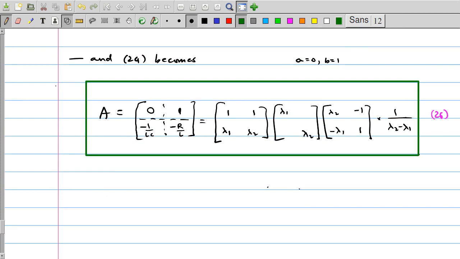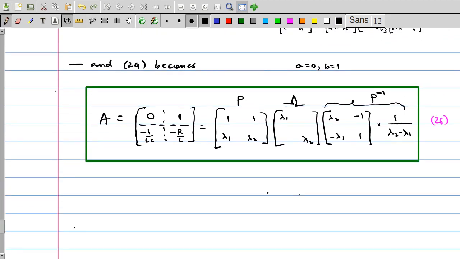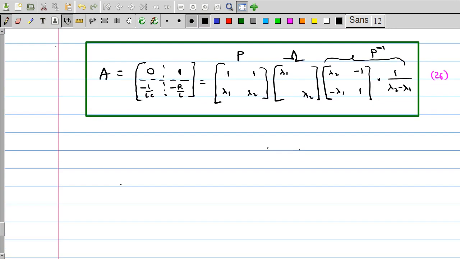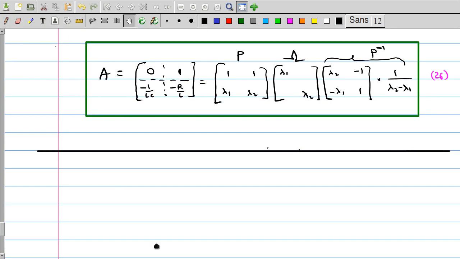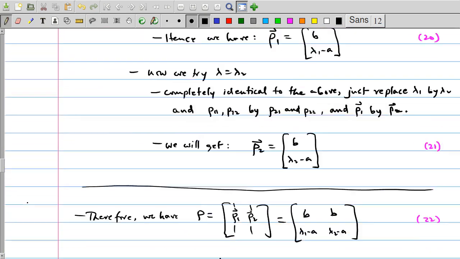So P lambda P inverse, right? Okay, so we've got that. Now how to use it? That is the question. Well, let's see. I think we had a number 2.